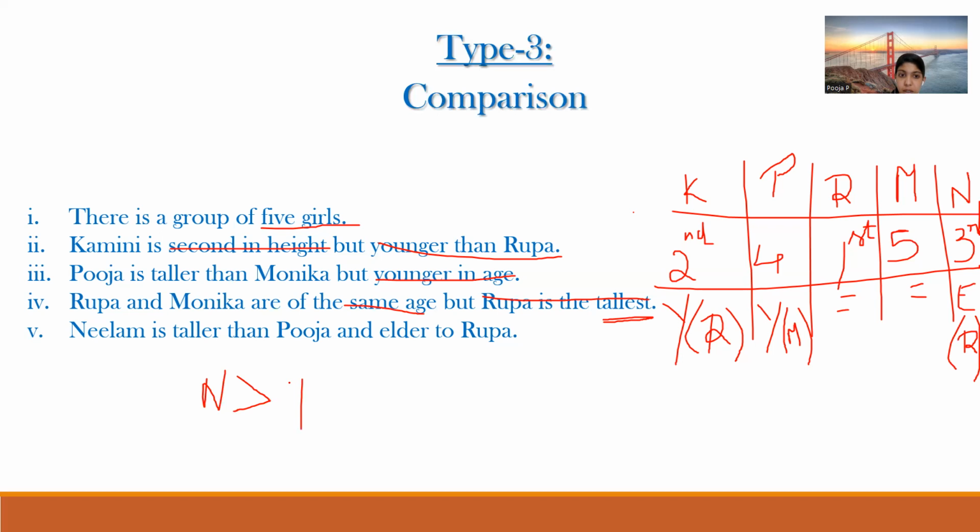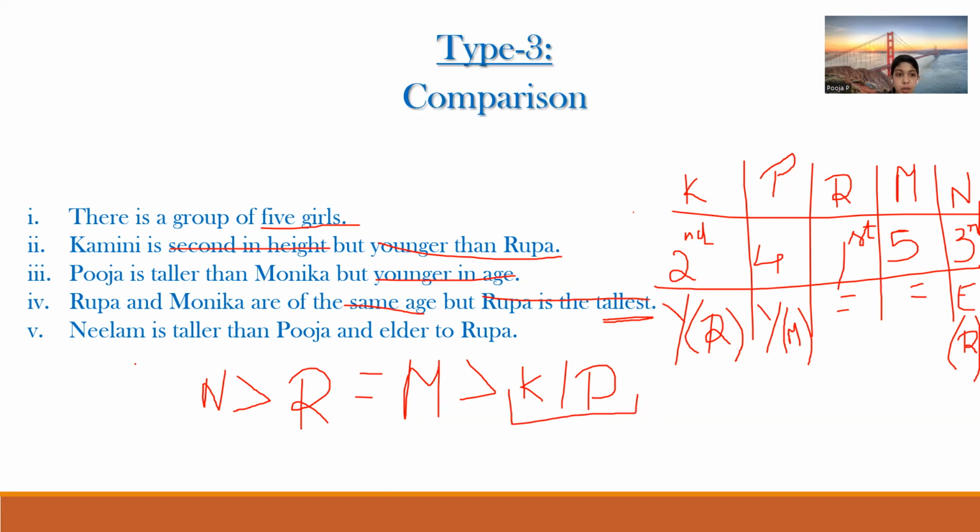So you can have Rupa the same age as Monica. They are older than Kamini or Pooja. It depends whosoever comes. That is not mentioned in the question. So it can either be Neelam, Rupa, Monica, Kamini and Pooja, or the second order, Neelam, Rupa, Monica, Pooja and Kamini. It can be both the orders. So we write it as one or another.